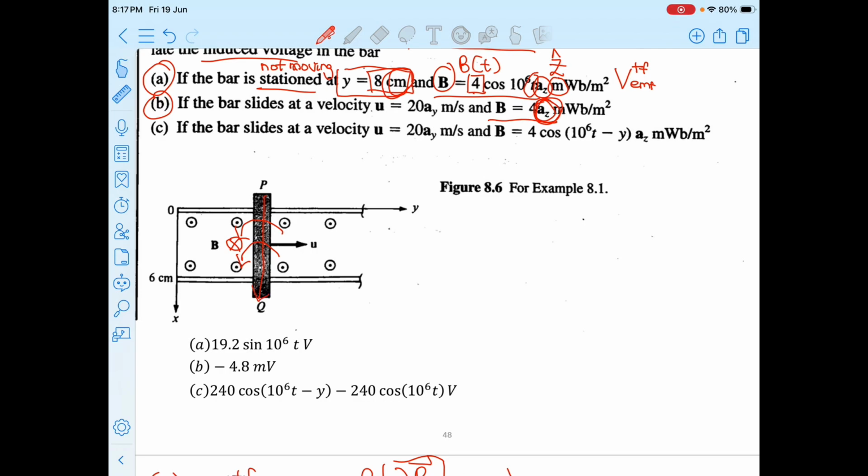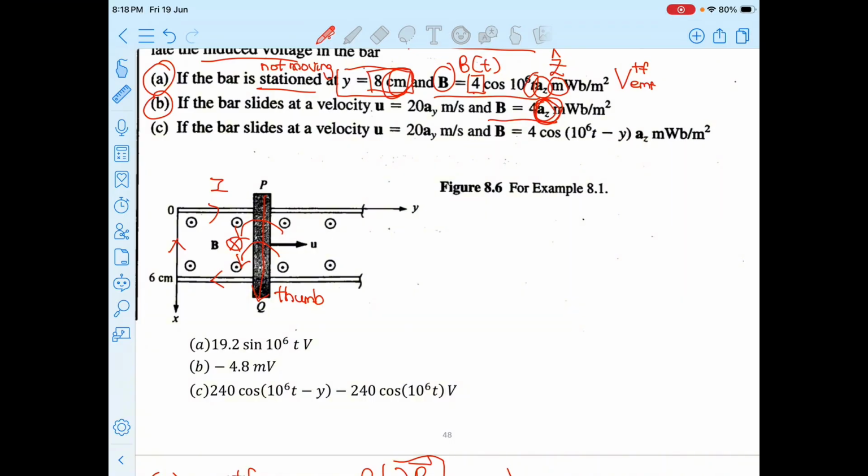Your thumb will show this direction, which also represents the direction of your current. So your current will flow down, in the clockwise direction.